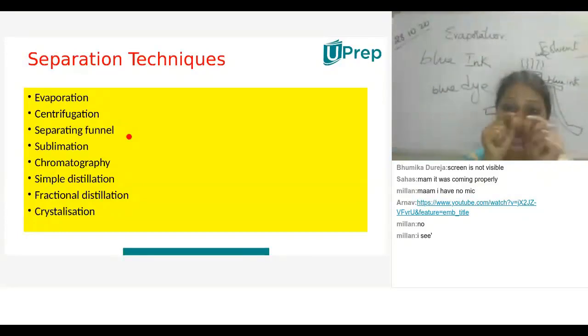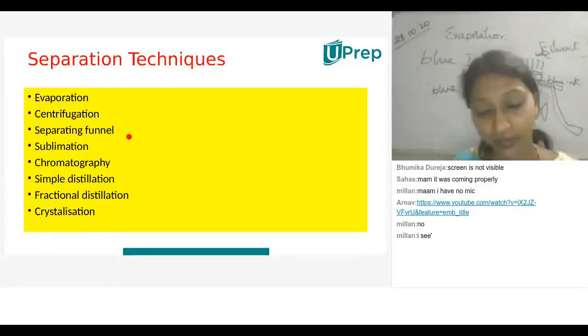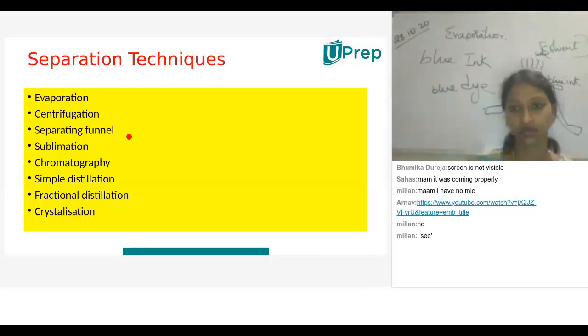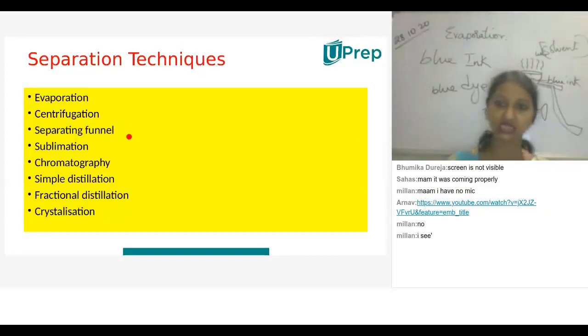The water particles are settled in the folds of the clothes. So centrifugation squeezes out the excess water present in the clothes. Understood? Yes or no?